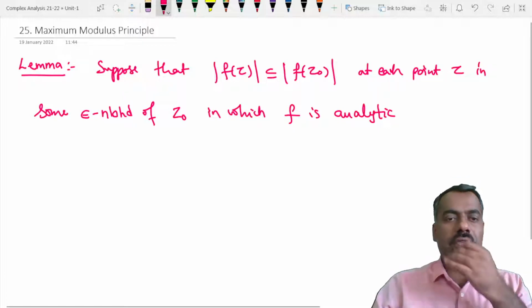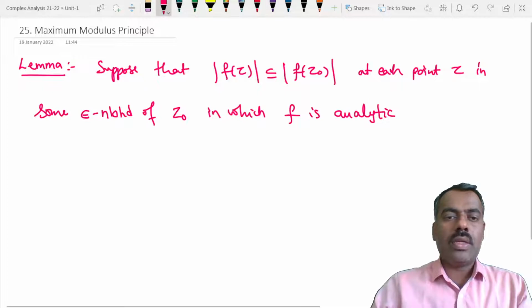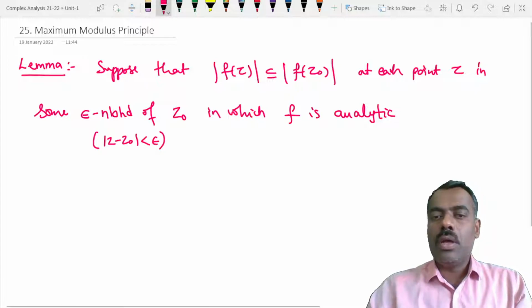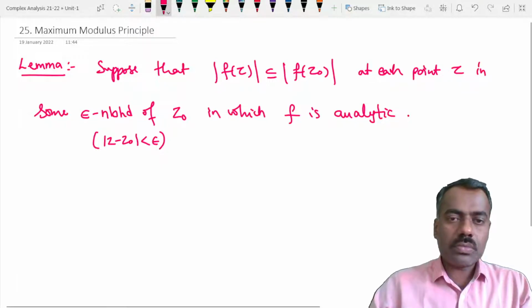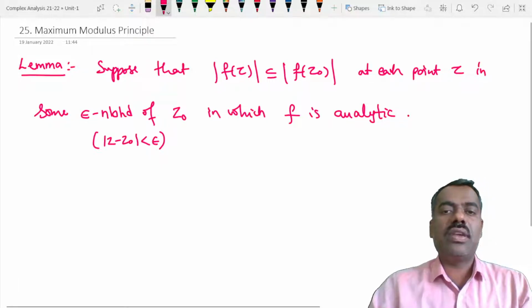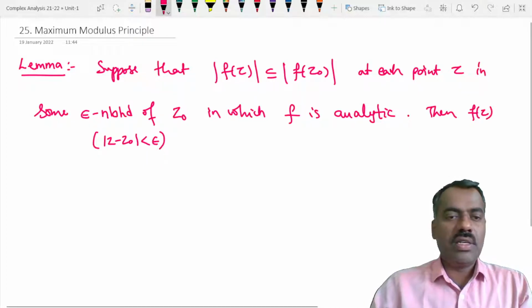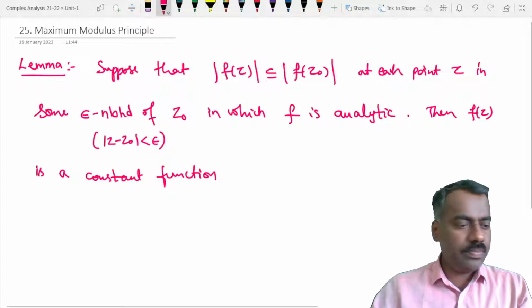So you have a neighborhood mod z minus z naught is less than epsilon. This epsilon neighborhood of z naught means mod z minus z naught is less than epsilon. And in which f is analytic, then this f has to be a constant function.